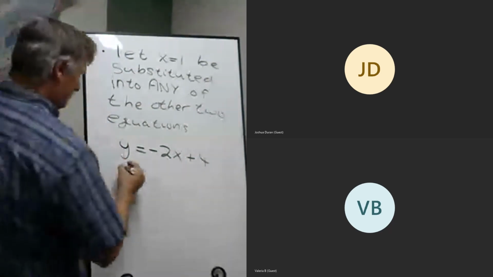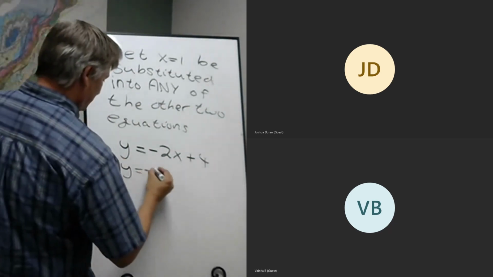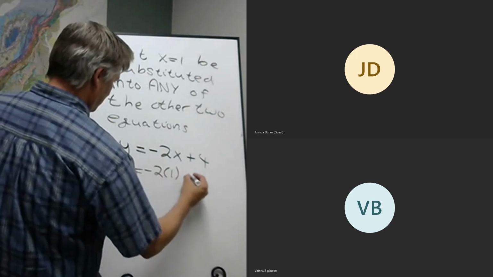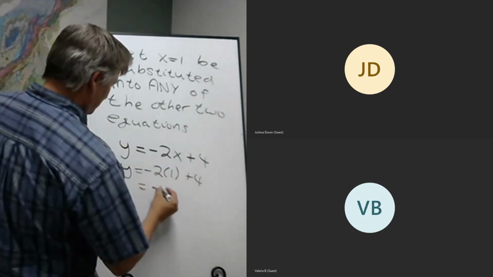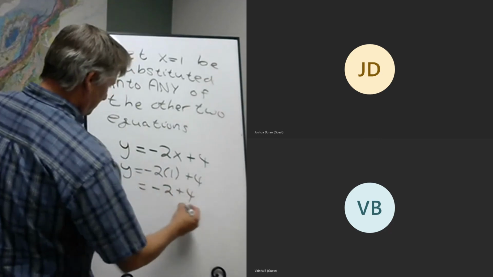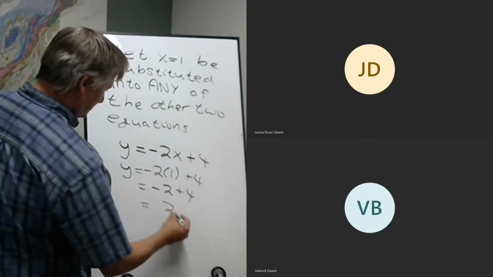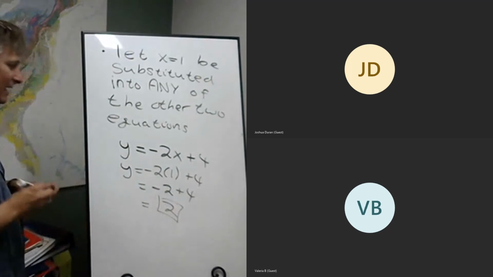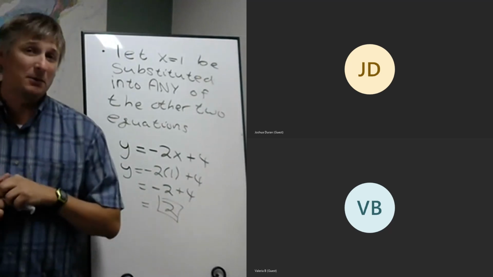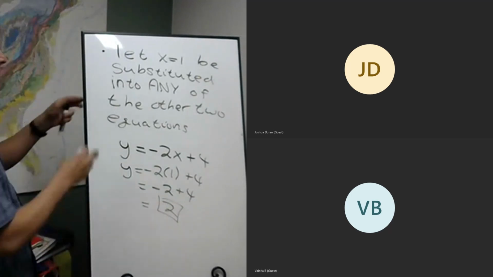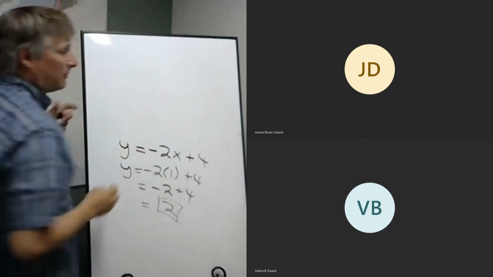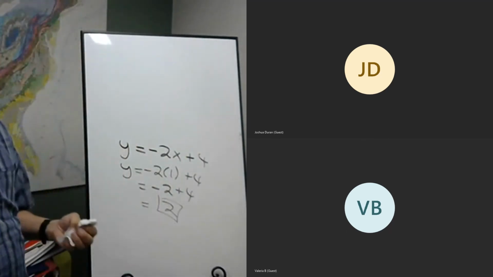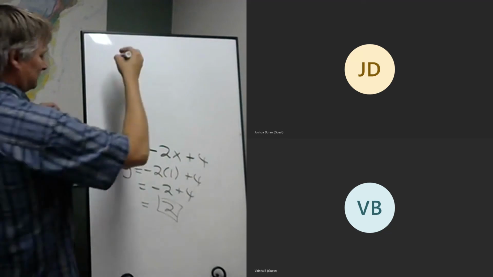So we substitute x is 1 and we find out y is equal to 2. So for our answer, what have we found? We found the point where these two lines intersect.